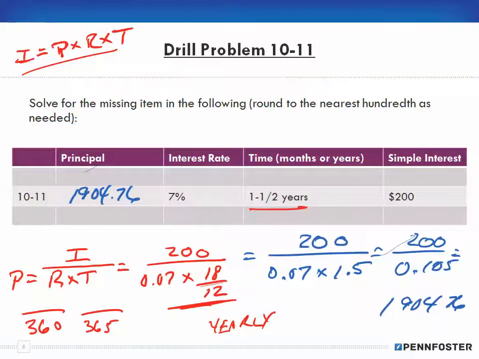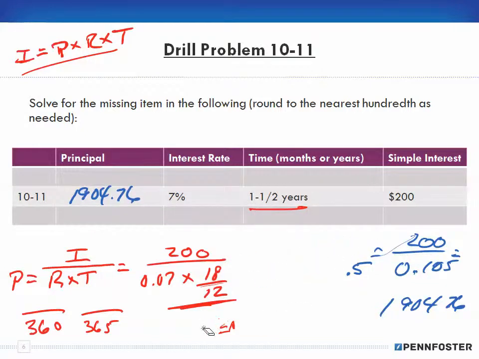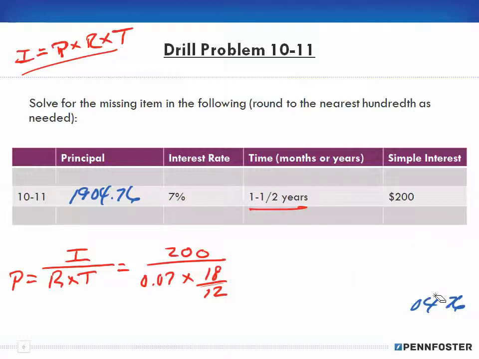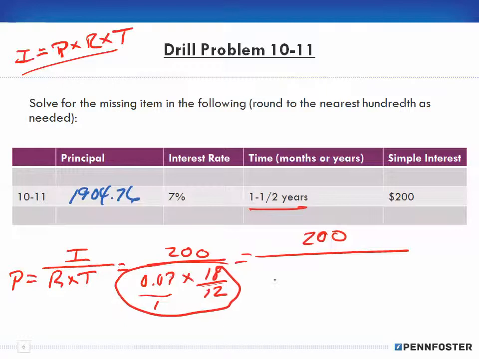$1,904.76 is my answer. But if I went and tried to do the math this way, I'm going to have a few extra steps. Why? Well, remember, I'm putting that over 1, and now this $200 is in my numerator. And in my denominator, I have to take care of everything that's in my denominator first. So I would take the 0.07 times 18, which would give me 1.26.